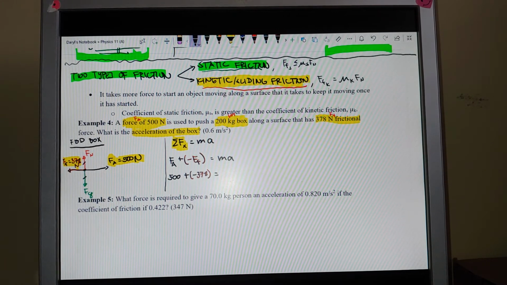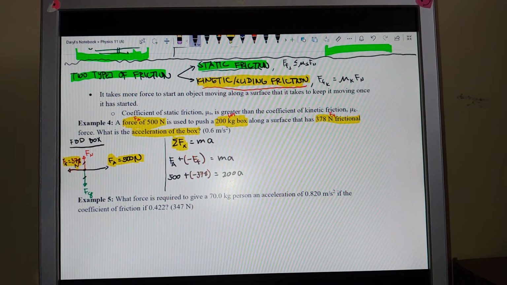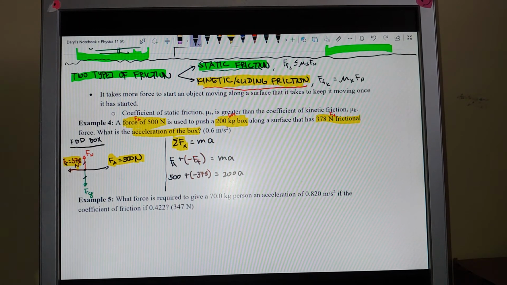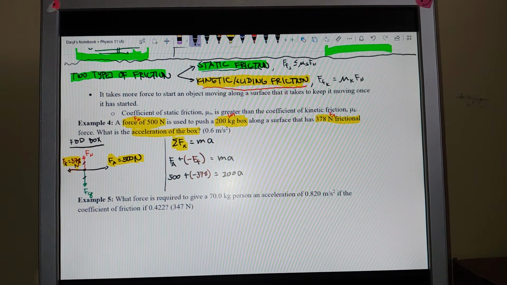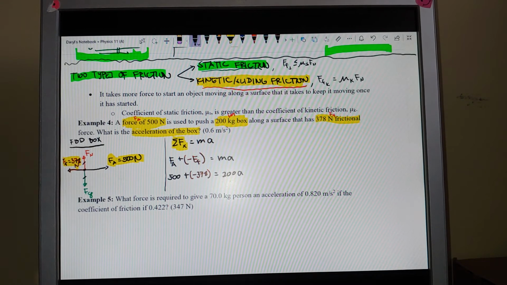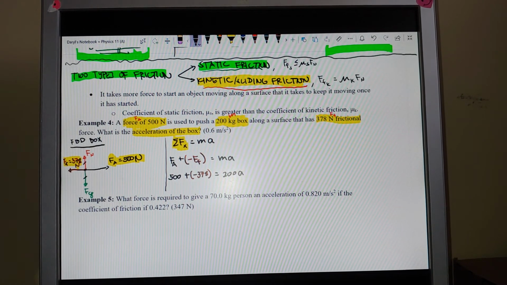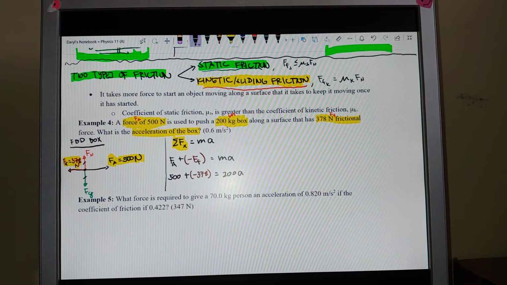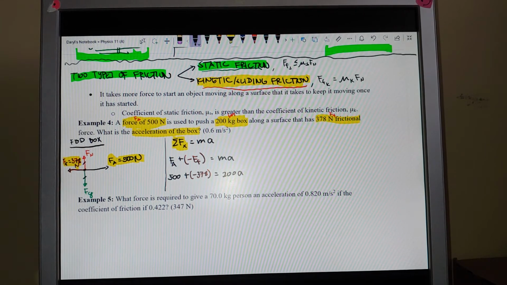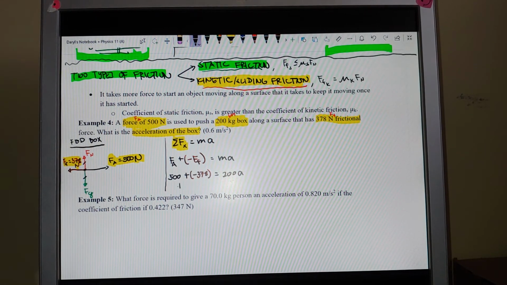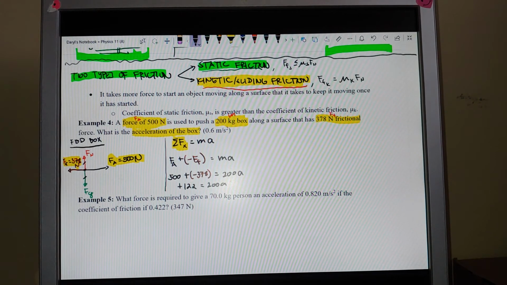The mass is given as 200, and then the acceleration is unknown. So you have here 500 plus the negative of 378. That gives me positive 122 is equal to 200a.